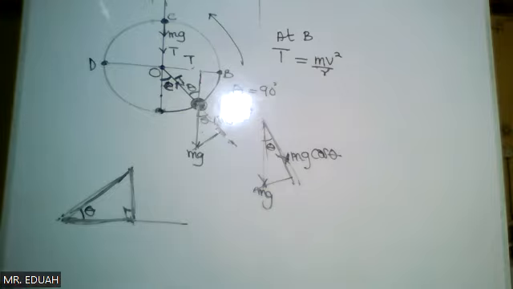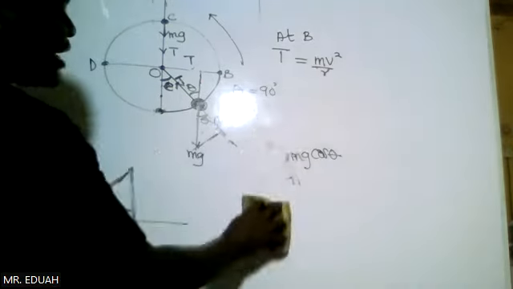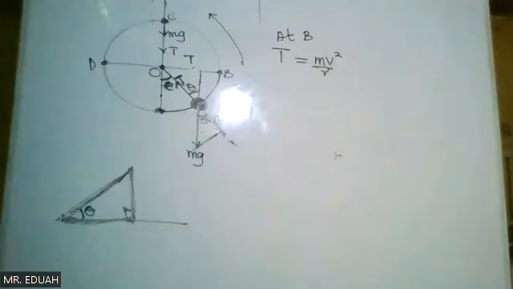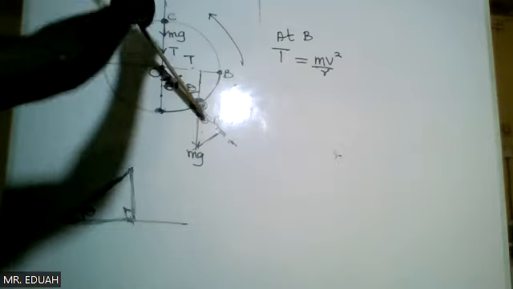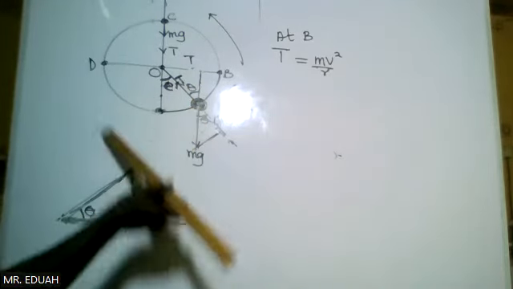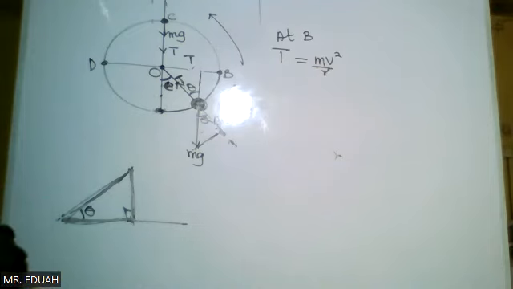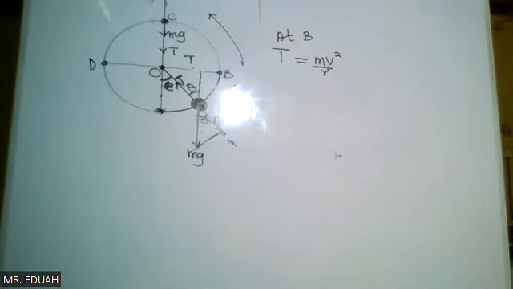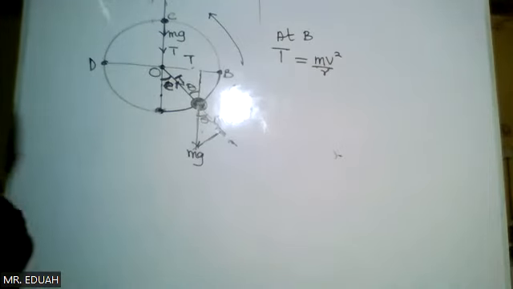Now, look at the mass and then the vertical forces acting on the mass. We have mg cos theta acting downwards and T acting towards the center from the mass. Whenever two forces come to play, there will always be a resultant force. So we want to determine the resultant force.